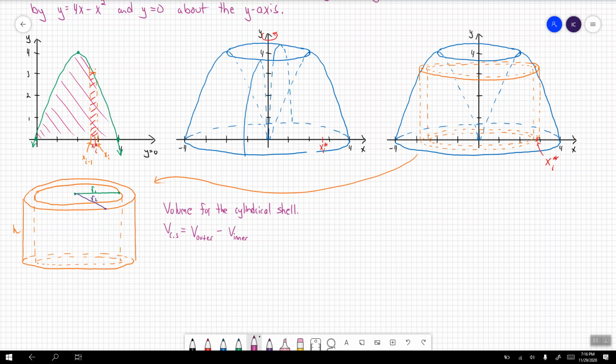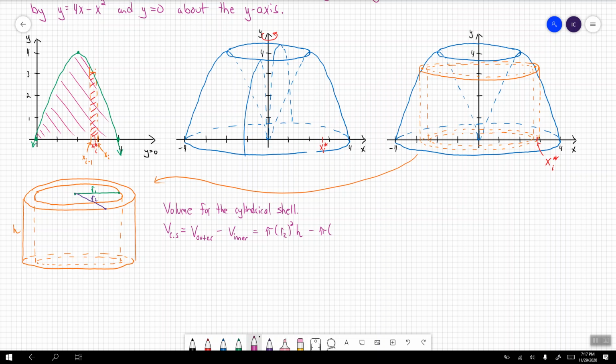And therefore, when we want to create the volume of that cylindrical shell, the volume of the outer figure is going to be pi r squared, but the outer figure has a radius of r2, and we're going to square that, multiplied by the height of that cylinder, minus the volume of the inner figure.